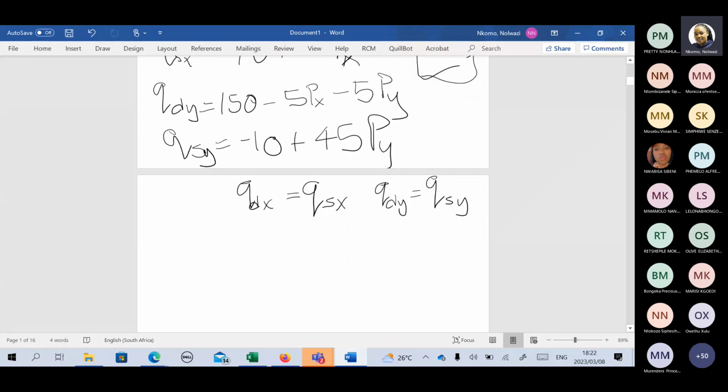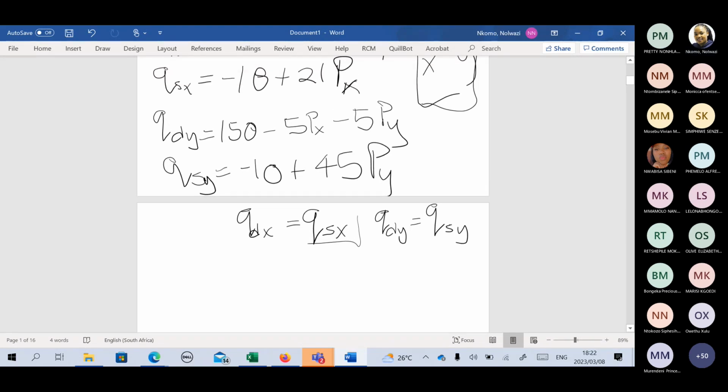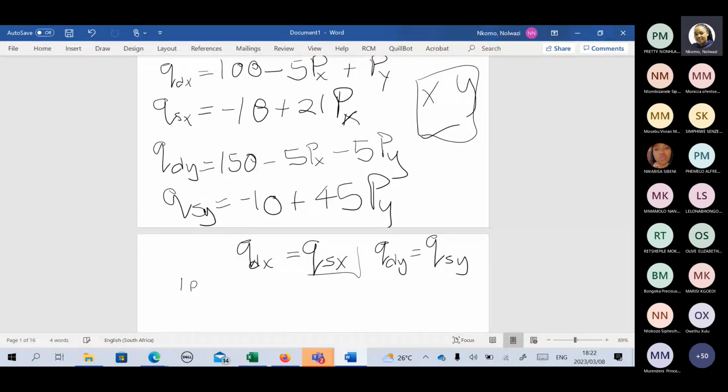Let me use this one first, right? If I use this, I will have 100 minus 5px plus py equals minus 10 plus 21px, right?